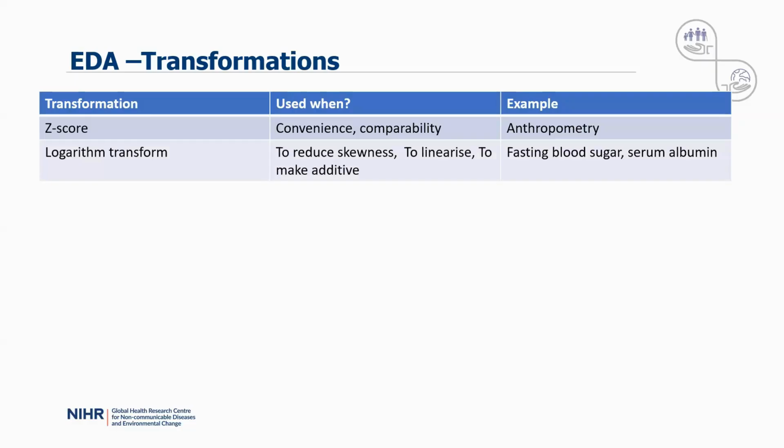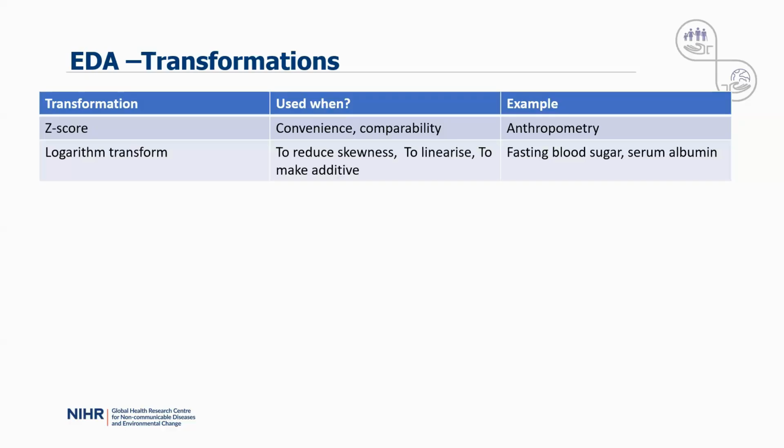Then the other set of transformations that we can use to convert non-normal data into fairly normal distributions is the log transform. The idea is, if your data is right skewed, to reduce skewness. It can also be used for linearizing the data and to make it additive so that we can apply the linear regression model.